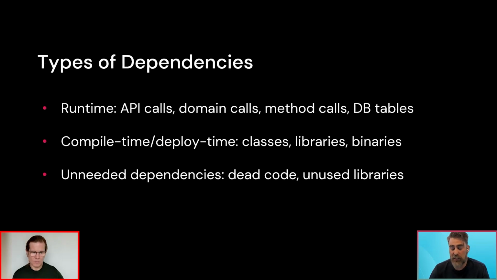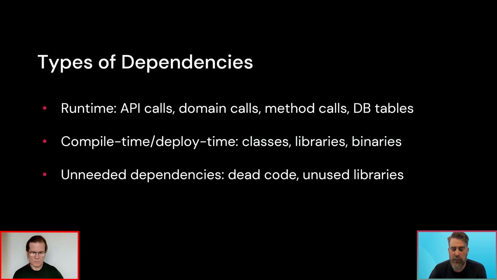dependencies, and these dependencies can be runtime dependencies, so API calls between different microservices, or inter-domain calls. If you have a good domain separation in your monolithic architecture, and if you think about domain-driven design, then you can put each of these domains as a separate microservice, or you can put it as a logical domain or even a module inside your monolithic application.